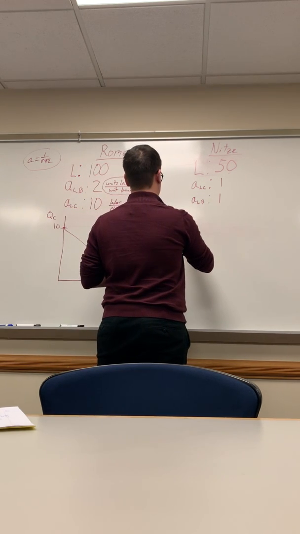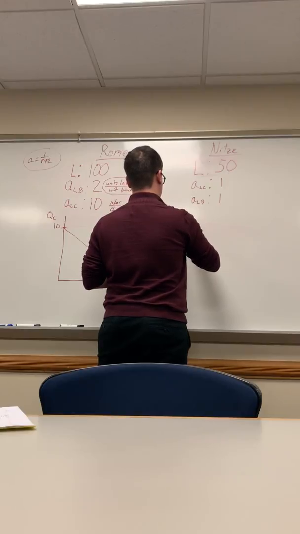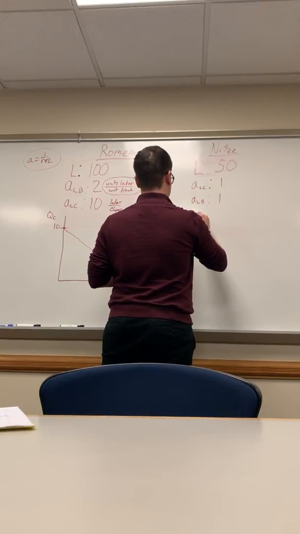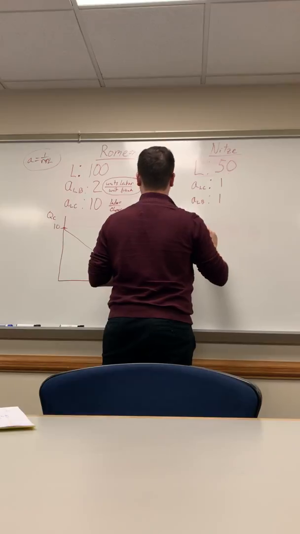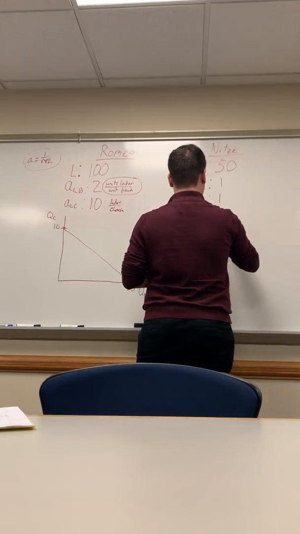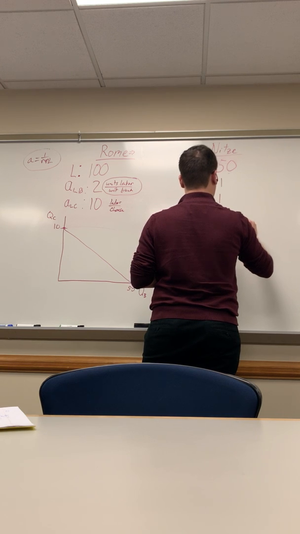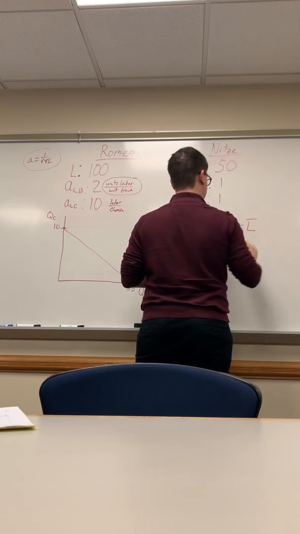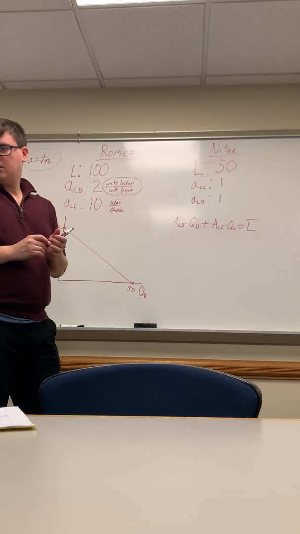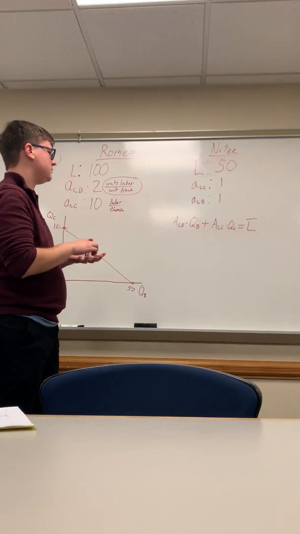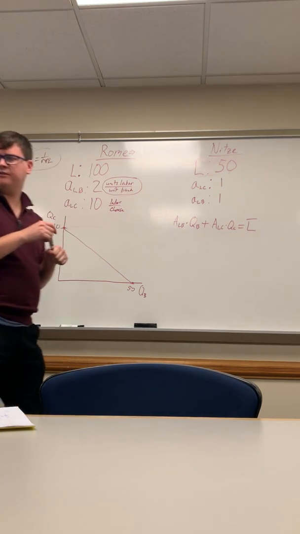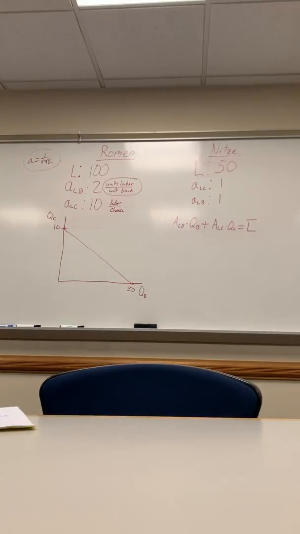Just want to make sure, okay, so A L B times B plus A L C times C, right, so this should be our generalized form for our PPF.